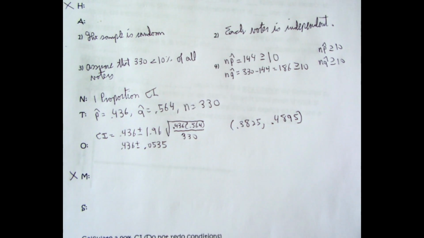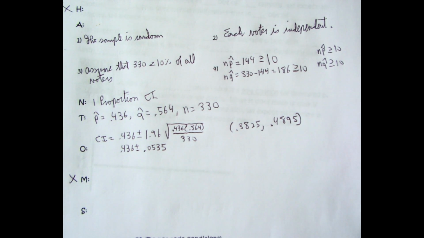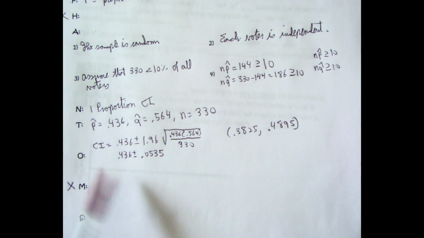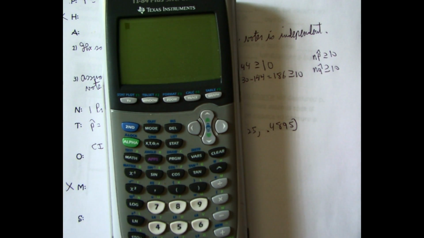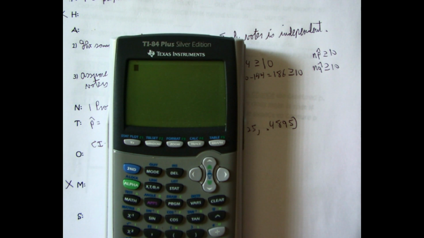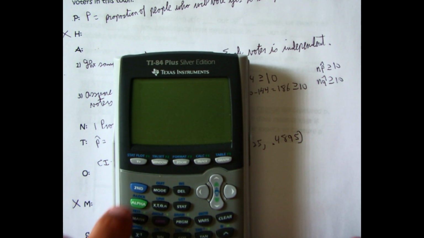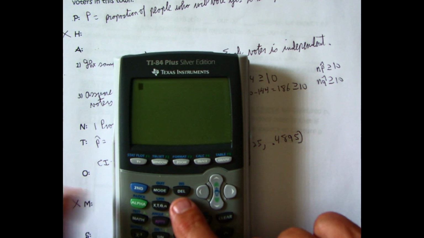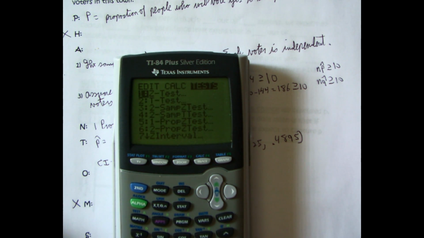Oh, let me show you one other thing. All right, now when you do these, you have to put this down. This has to go down, but we don't have to calculate it by hand. Okay, so go to your calculator, and you're going to go to stat tests.